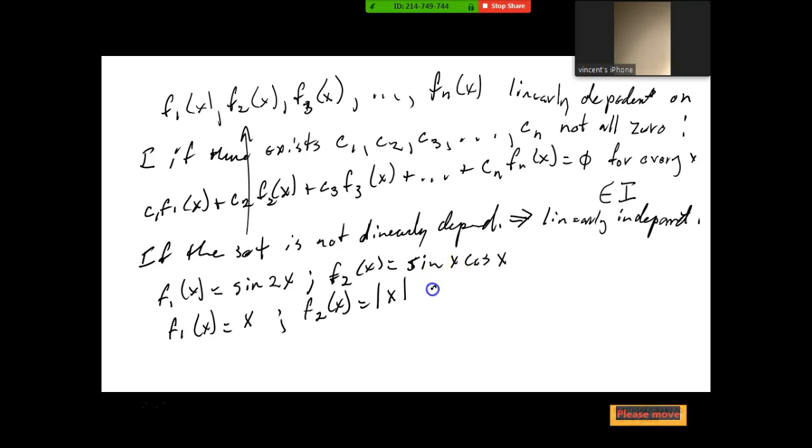On the interval minus infinity to infinity, no, they're not. Because if you picture it, absolute value x is a V function with the point down at the origin, right? Whereas F1 of x is the identity function, which is the main diagonal function, going up, splitting the first quadrant and the third quadrant completely in two.